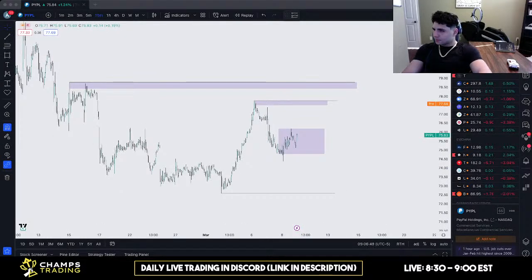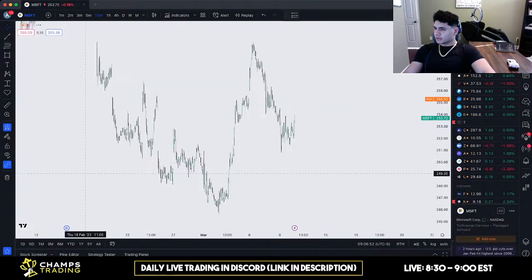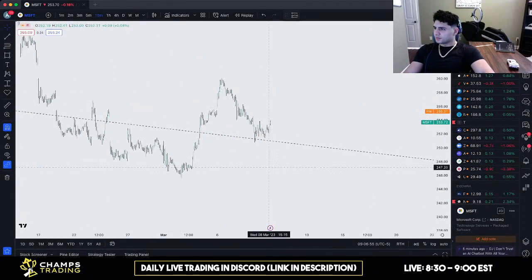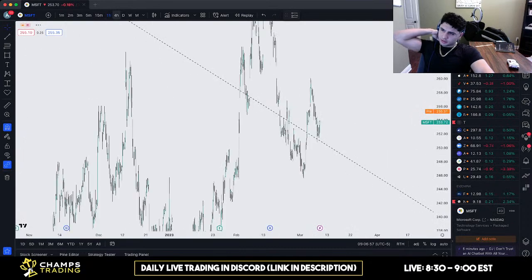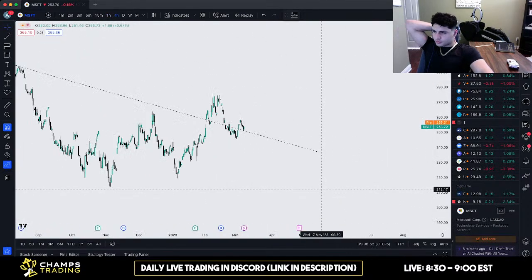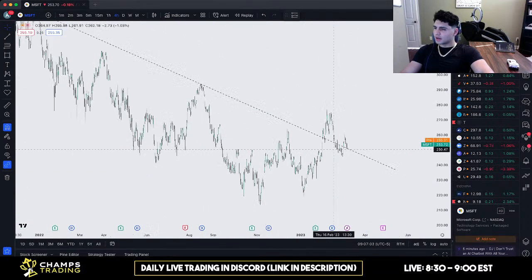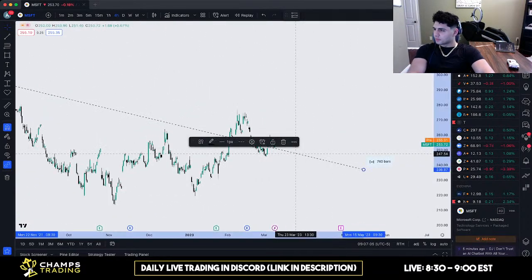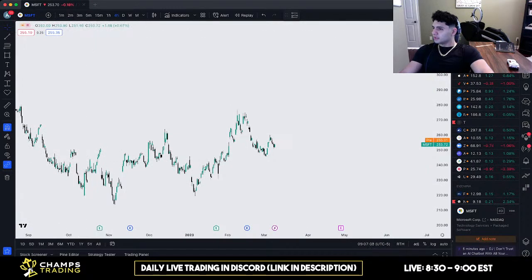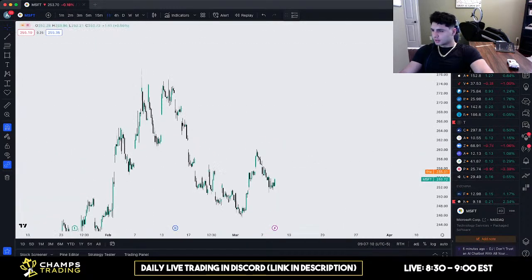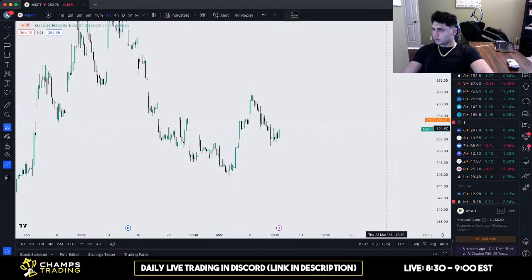Microsoft. Okay, so with Microsoft, what we're seeing here, if you go to the 4-hour time frame or something like that, is a huge downtrend line slowly breaking out. More importantly, what we see here is that push, taking out all these lower highs.